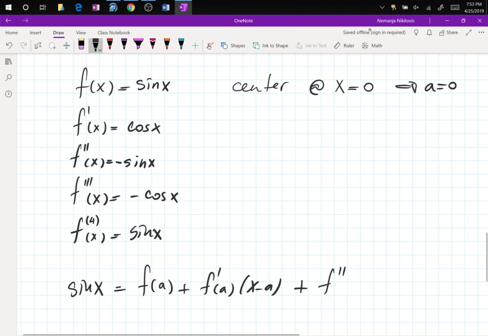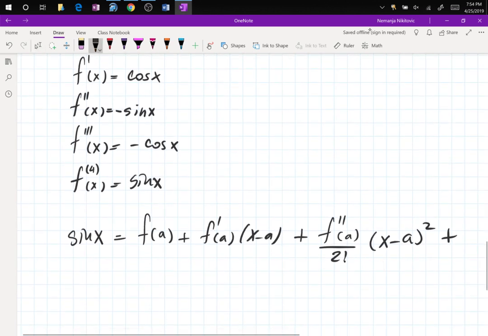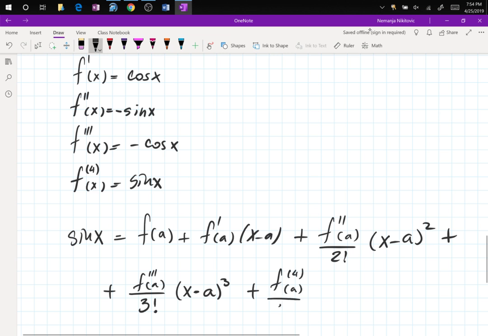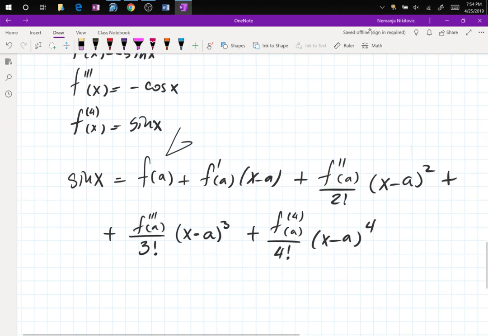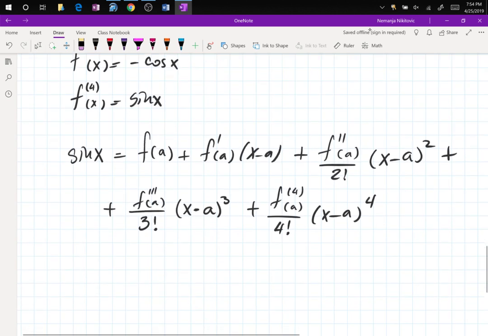Plus f double prime at a divided by 2 factorial x minus a squared plus f triple prime calculated at a over 3 factorial x minus a cubed, and finally f fourth derivative calculated at a divided by 4 factorial x minus a to the fourth. So this is a 5-term approximation because I have original function plus 4 derivatives, right? And now all I need to do is to compute this.